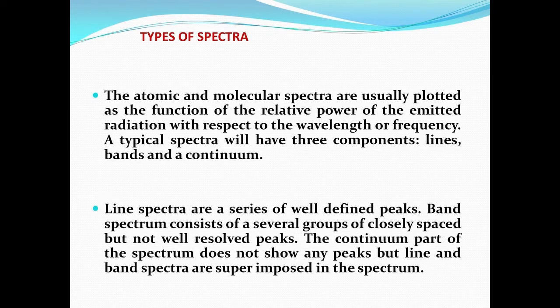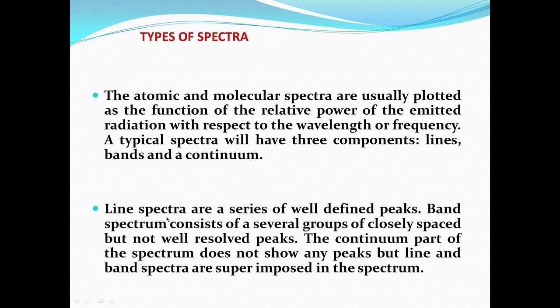And these are in different components. One is lines, one is bands and another is a continuum spectrum. So, there are three types of absorption type spectra: line spectra, band spectra and continuum spectra.